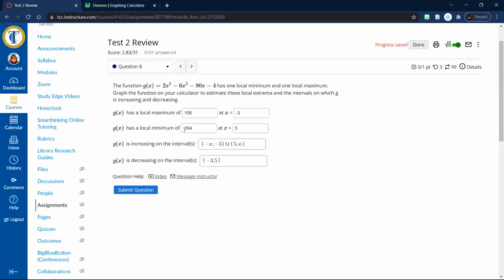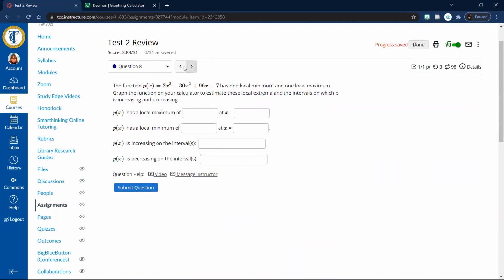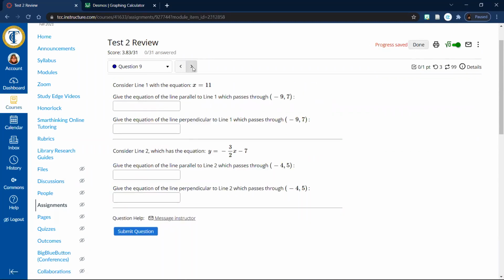And notice that that's where our minimum is. All of these are points, and you've just got to know that the maximum is the y value, and where it occurs or where it happens is at the x value. And if you submitted, you'd get it right. All right. Good job. And moving on.